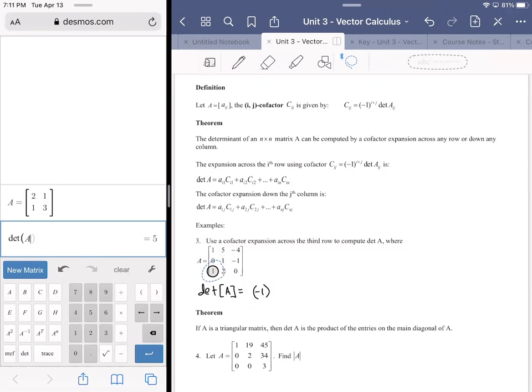That's the third row, first column. So -1 to the 3 plus 1 power, multiplied by the entry in that position, multiplied by the determinant of everything that remains if you remove the row and column that contains that number 1. That's the 5, 1, -4, -1.